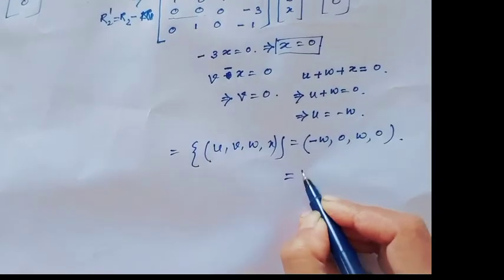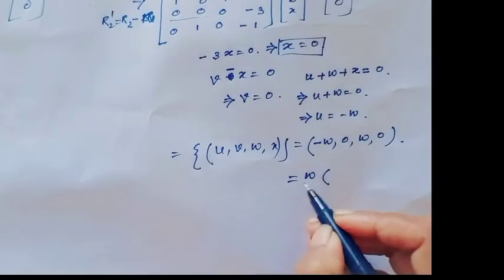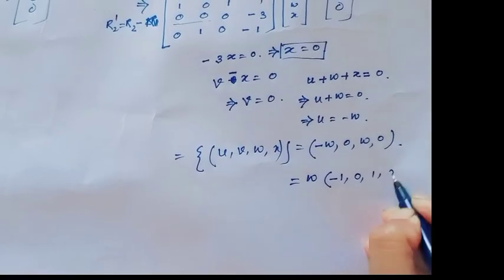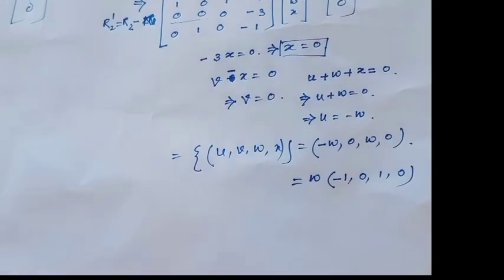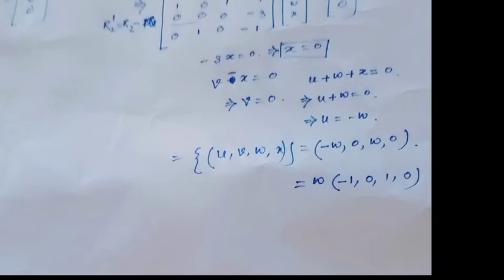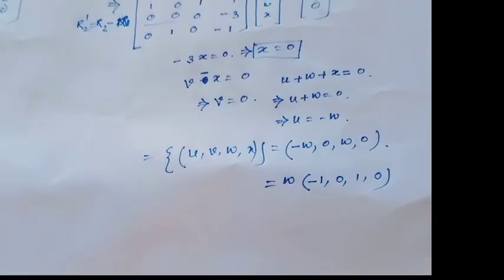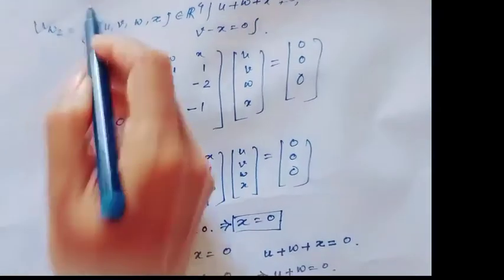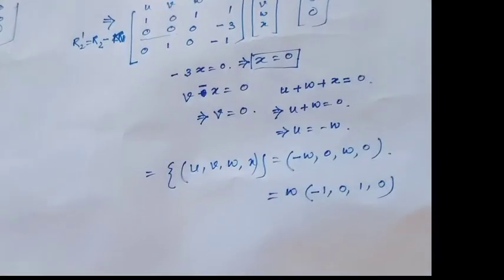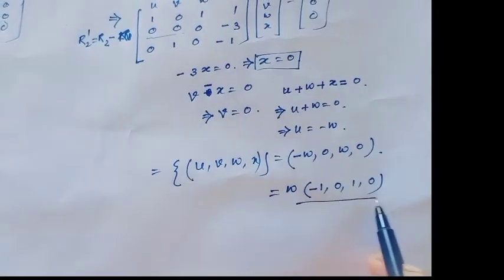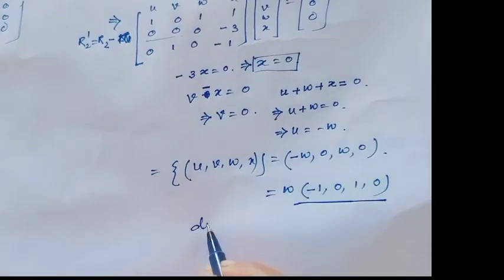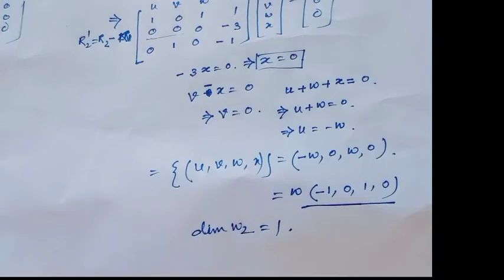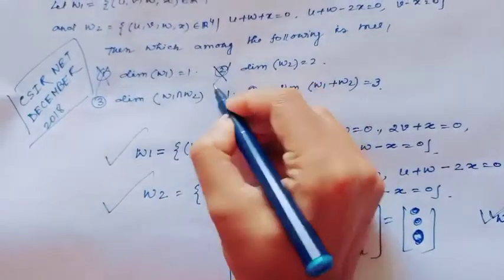That means this would be w times, if we take w common, minus 1 0 1 0. So this is the basis of the subspace W2, and since this contains only one vector, the dimension of W2 is 1.